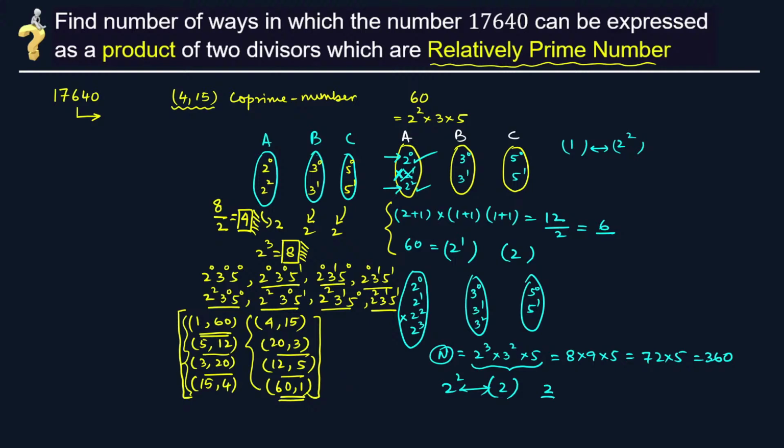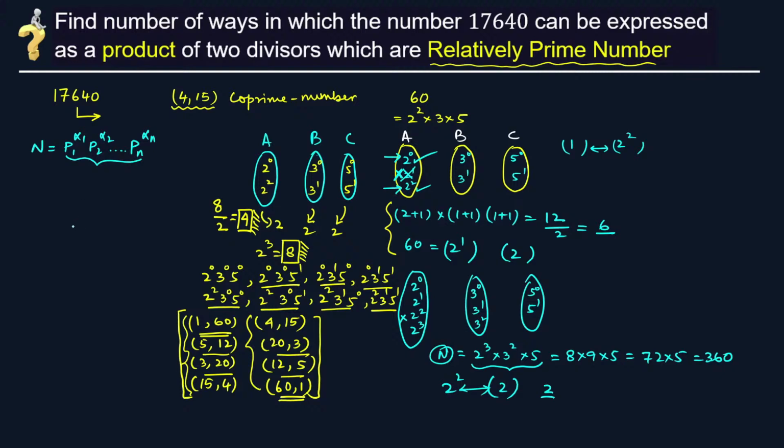Now let us try to create a formula out of this. Now suppose there is a natural number n, and in that natural number there are primes like P1, P2, and this thing goes on. Let us say there are Pn to the power alpha n. Okay. So these are the product of primes.